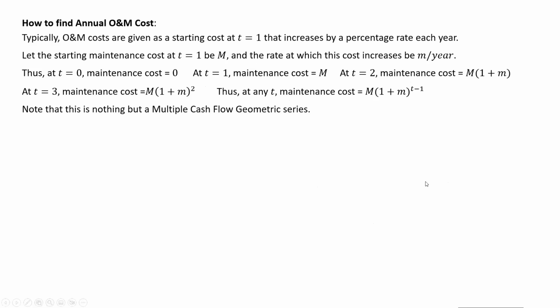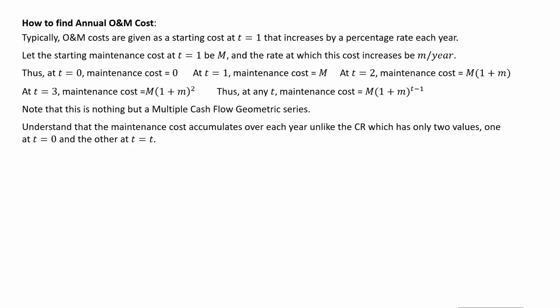Now, note this is nothing but a multiple cash flow geometric series. We had i and j. j was the rate at which something was increasing. We had a G, and G times 1 plus j, and G times 1 plus j squared, and so on. Same thing.